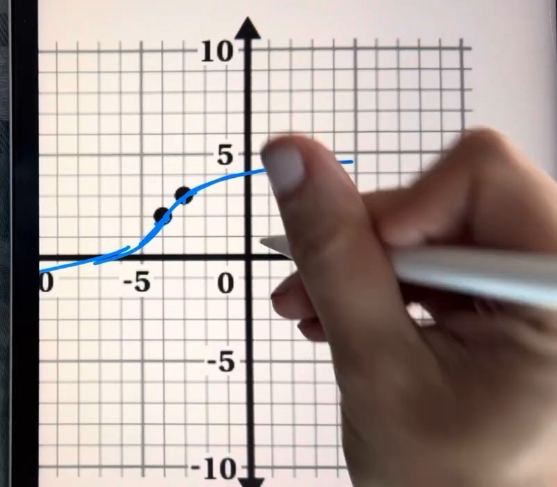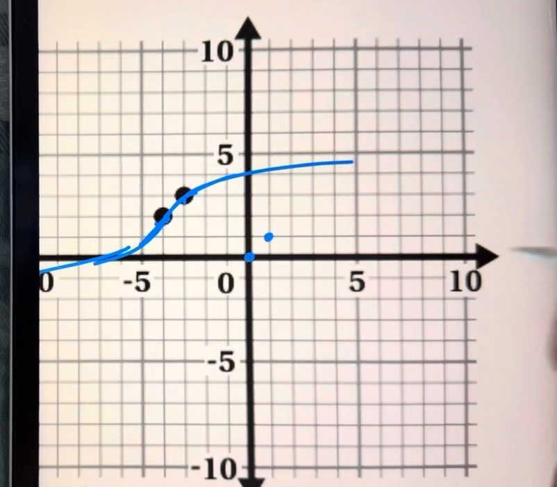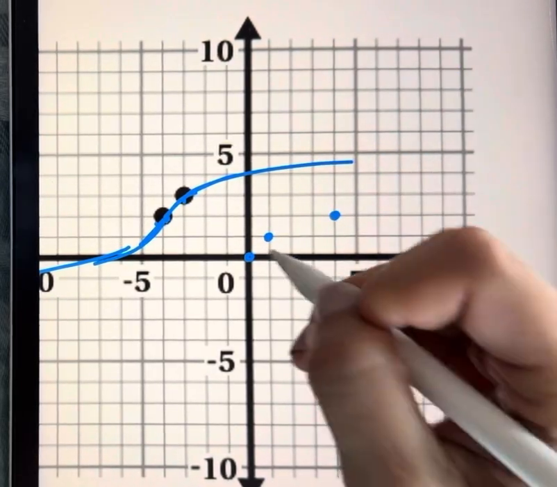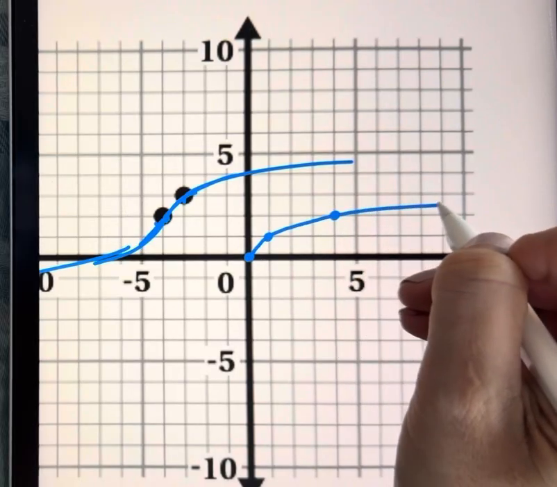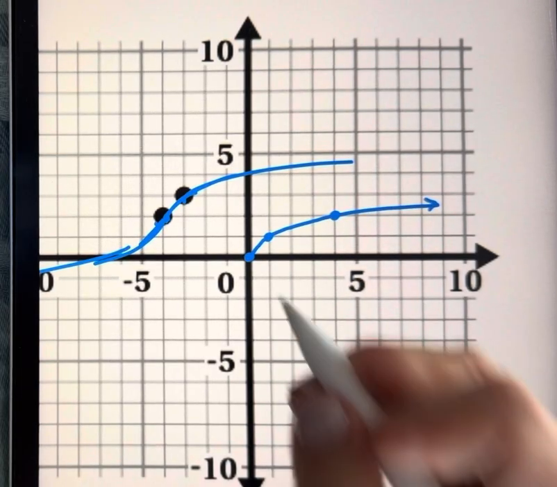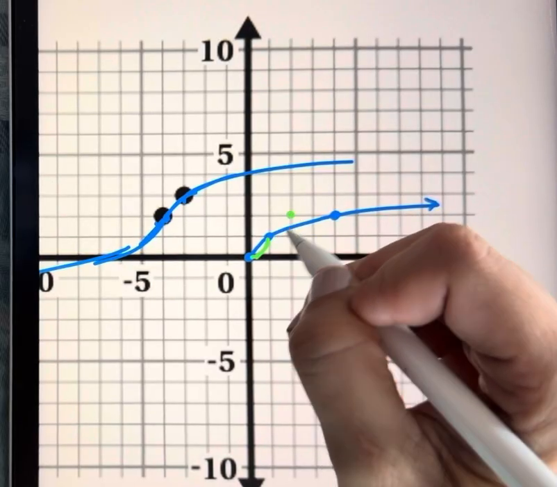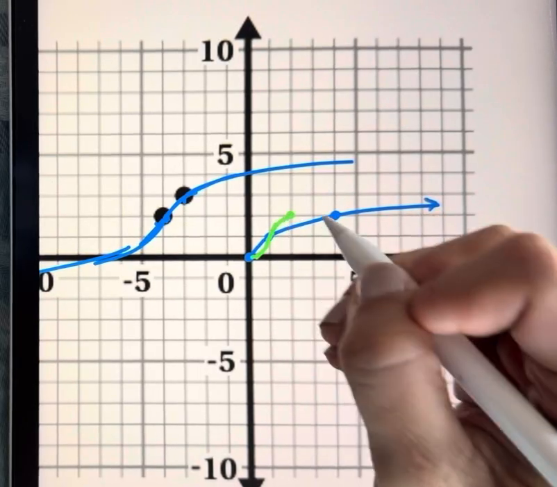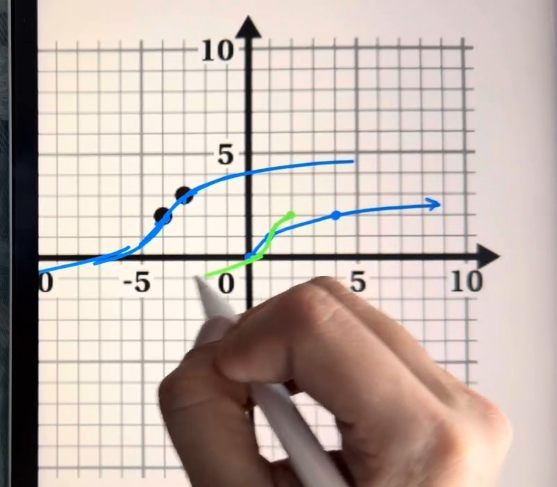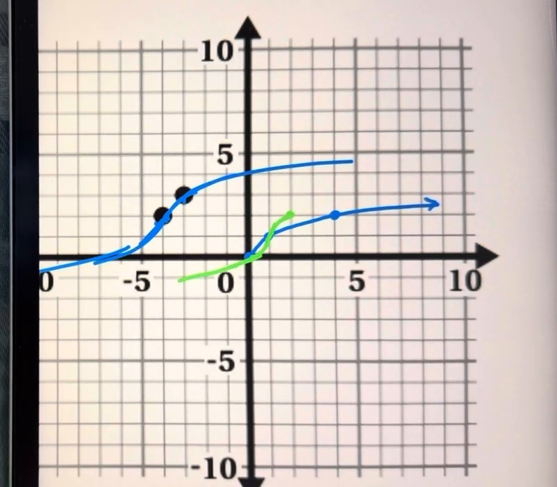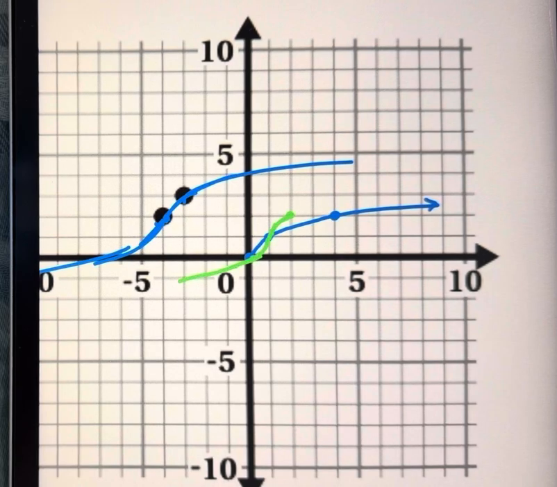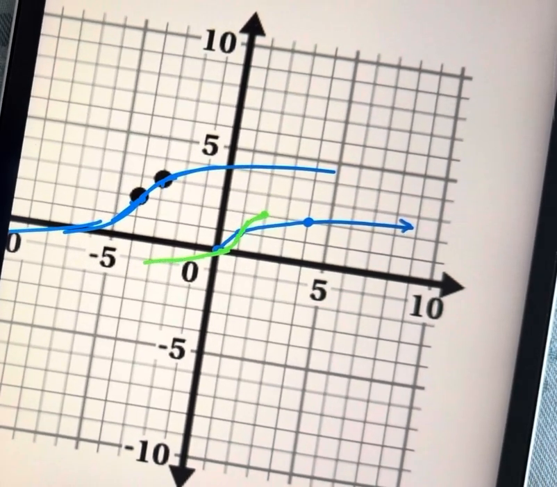If I have my square root function going through this point, and then that point, like that, and if I bring my cube root function like this, and then that, it's shifted over 1. That could happen, right? And then let's see, what other points does the square root function have?